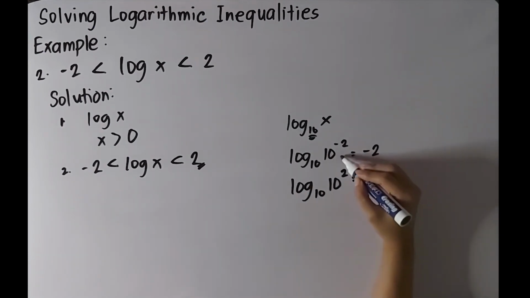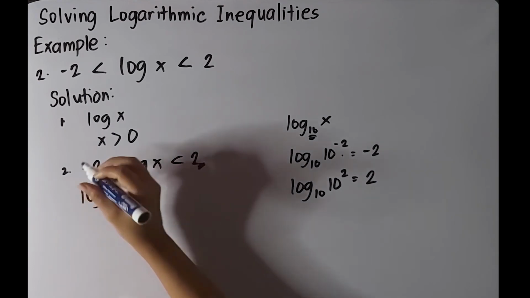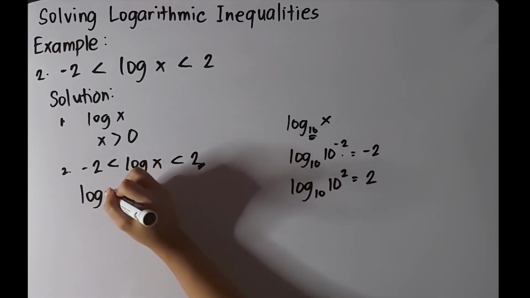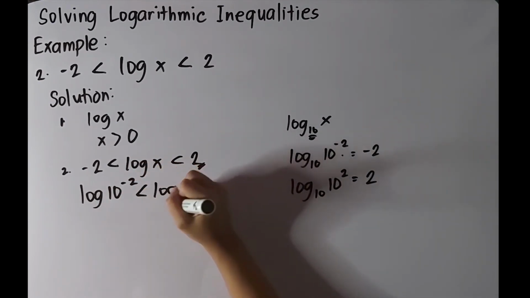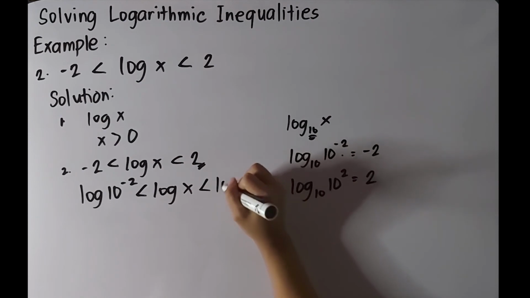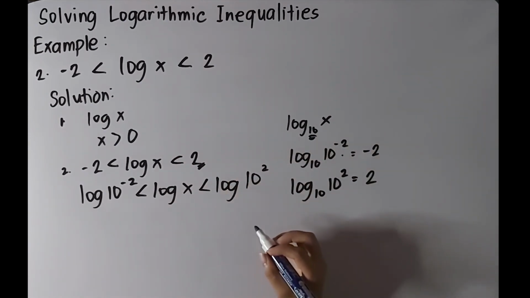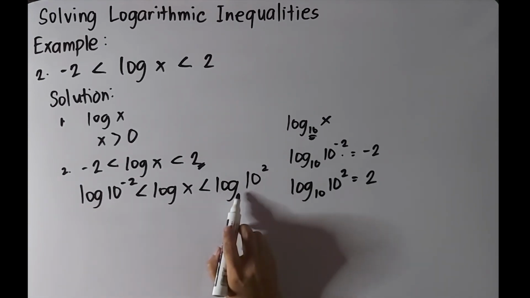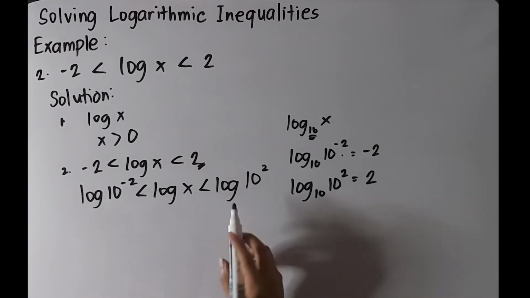Substituting these logarithms, we can just neglect writing the base 10. So log of 10 raised to negative 2 less than log x less than log of 10 raised to 2. Now they have the same bases and we are all in logarithmic form. Let's get the arguments.